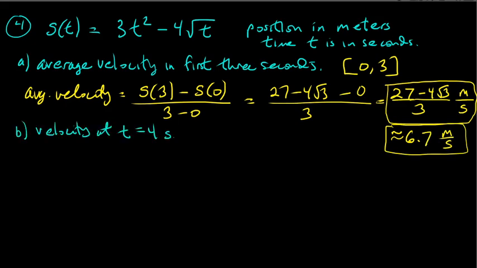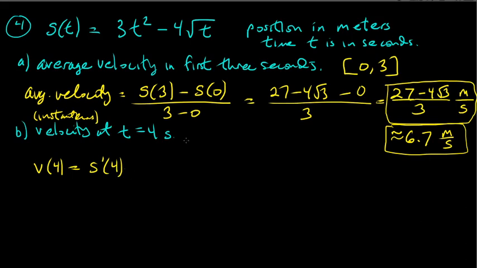And then part B says find the instantaneous velocity at t equals 4. I just wrote velocity, but that means instantaneous velocity here. So this is instantaneous. So what do we need for the velocity after 4 seconds? Well, we need the derivative of the position.